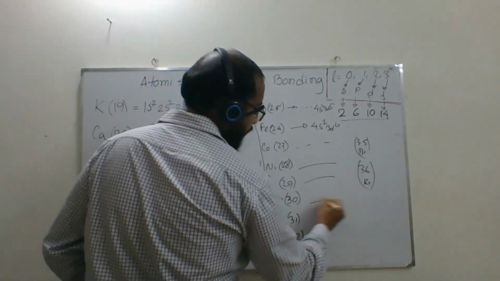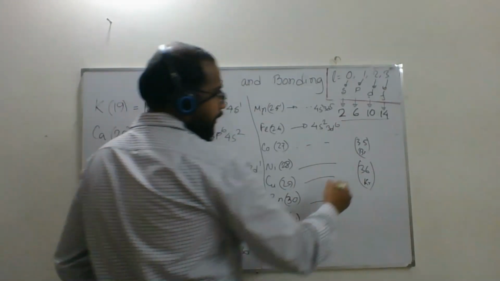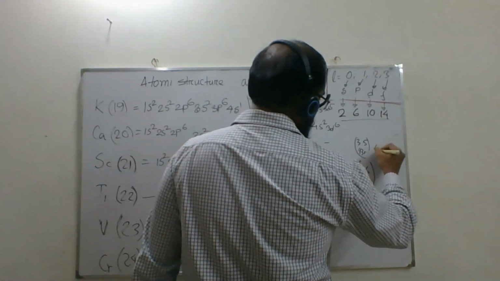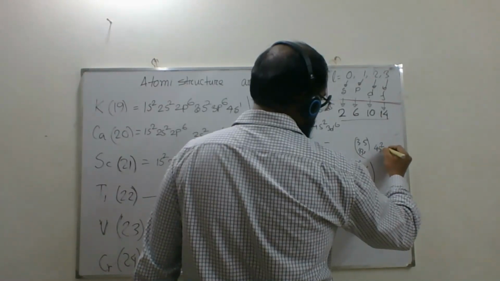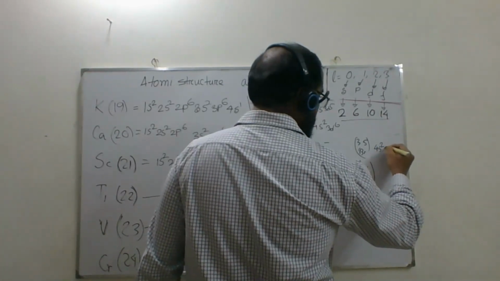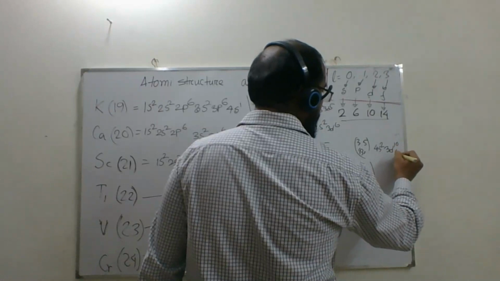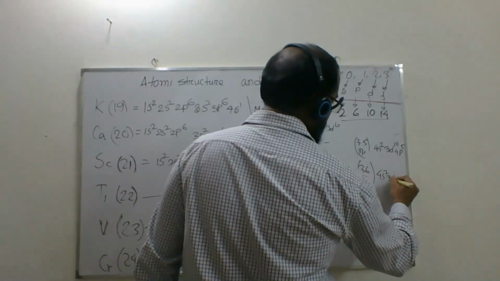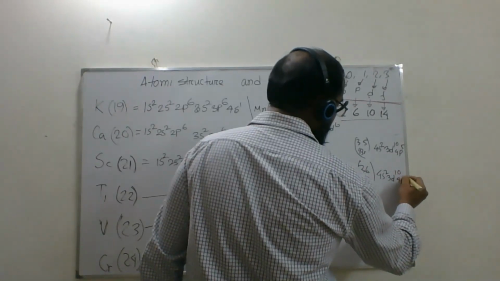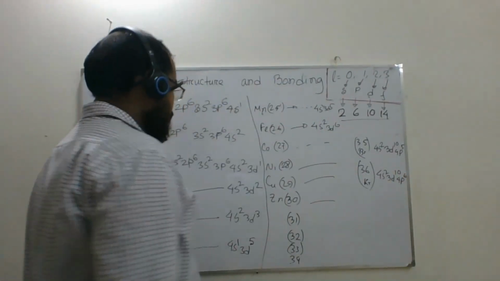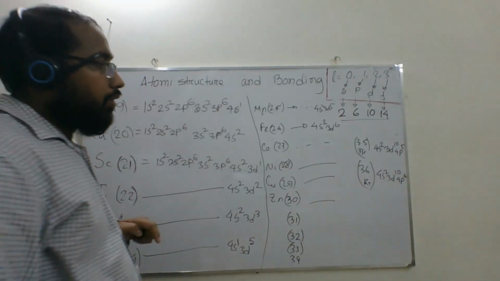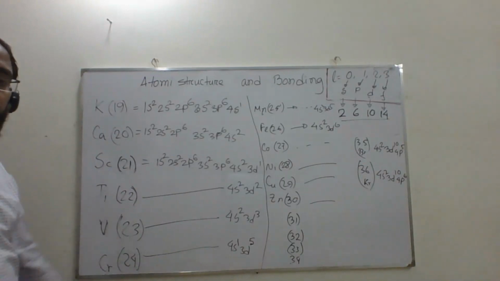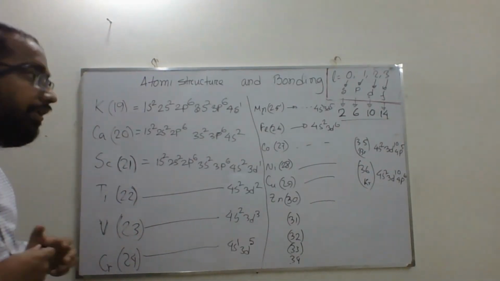Gradually if we go like that, then finally it will be 4s2 3d10 4p5, and it will be 4s2 3d10 and 4p6 with the last one. So if we know that, then we can get the electronic configuration of any atom.